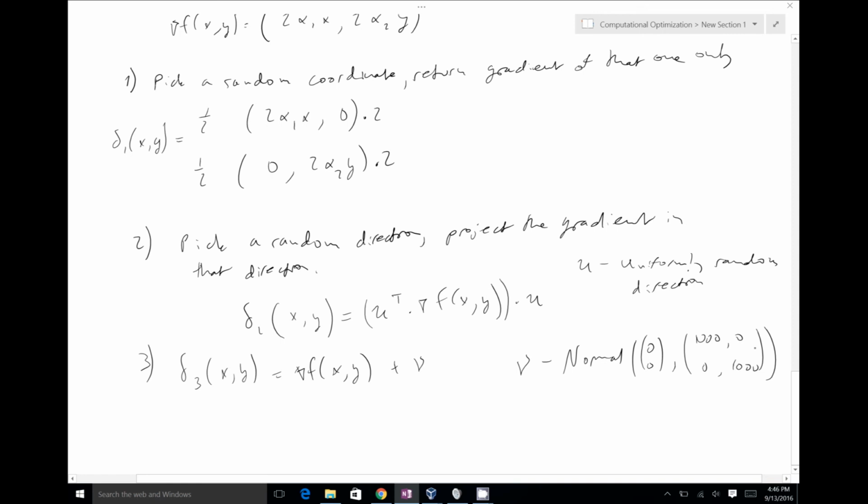Expectation is linear, so the first term is a constant, and what's the expectation of the second term? 0, right? So this one most of the time points in the direction of the gradient, but we've added a whole bunch of noise in a uniformly random other direction. That comes from this Gaussian that's going to be bouncing us in all sorts of directions, okay?